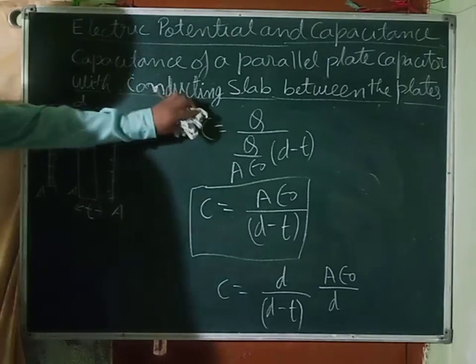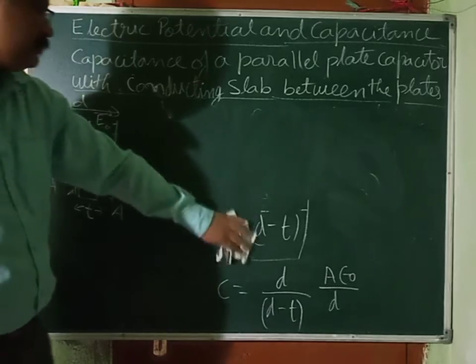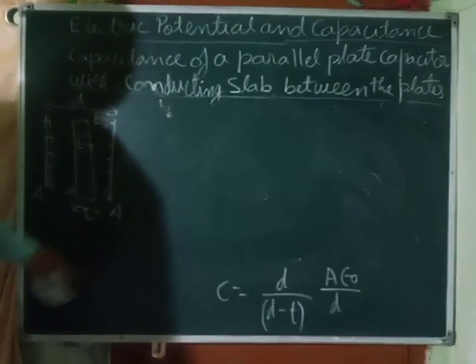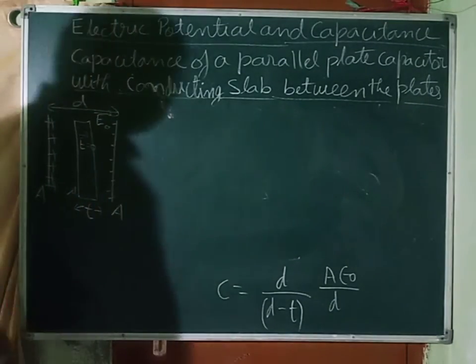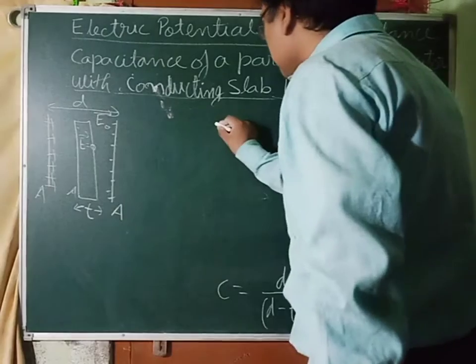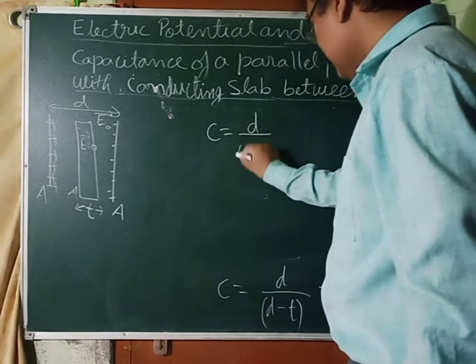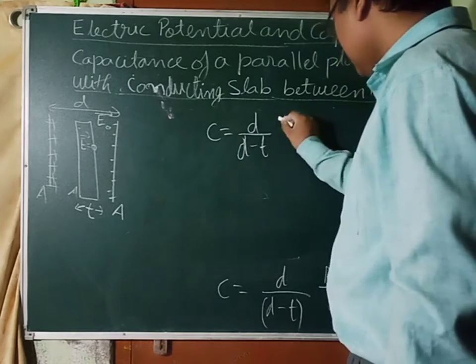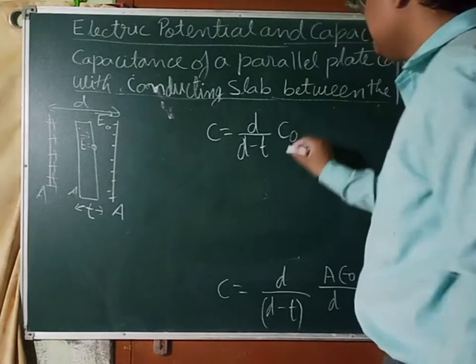Now, what is A epsilon naught by D? It is C naught. So we can write C equals D by D minus T into C naught.